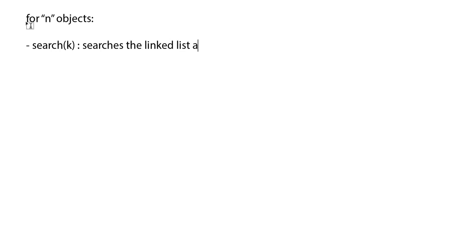Now notice if we have n objects, we can do these dictionary operations. So search for some key. Well, it searches the linked list at the index h of k. So we apply the hash function on our key, and it'll give us an index within a small range.